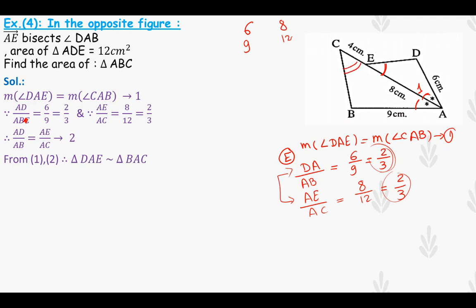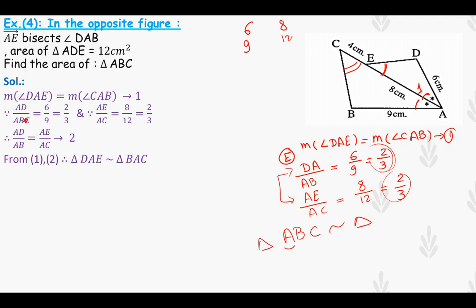So you will write triangle, the first one as you like. The first one will be triangle ABC, similar to triangle. First we know that the measure of angle A in the first triangle is equal to the measure of angle A in the second triangle.